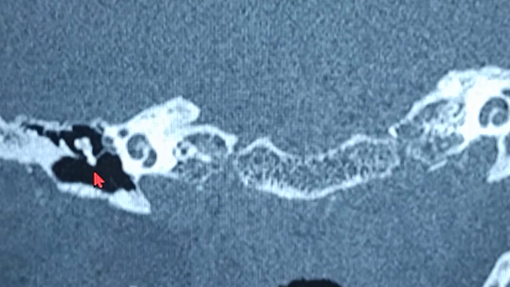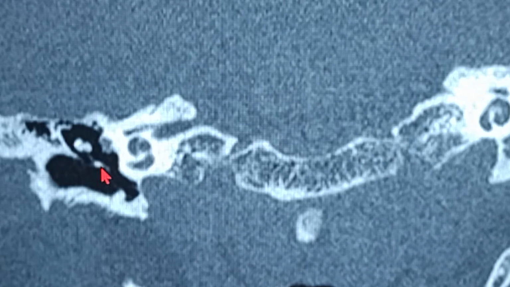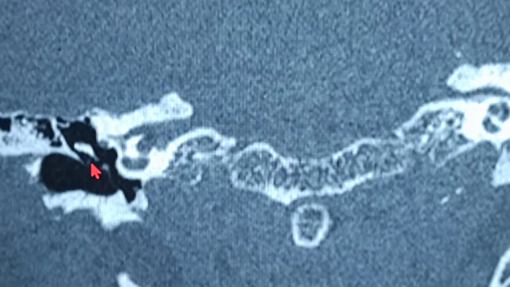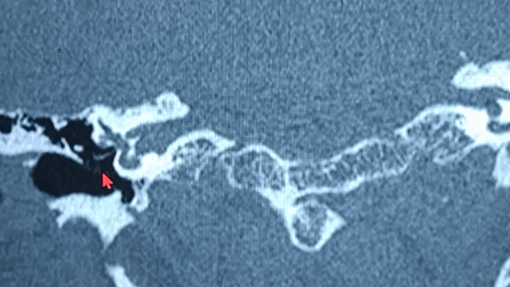If we go behind, you can start seeing this is the incus. This is the incus in the picture right now, and you can see the stapes over here, the lenticular process. That's the incus bone. That's the stapes bone, and this area over here is the area of the oval window and the stapes footplate. This is the incus.